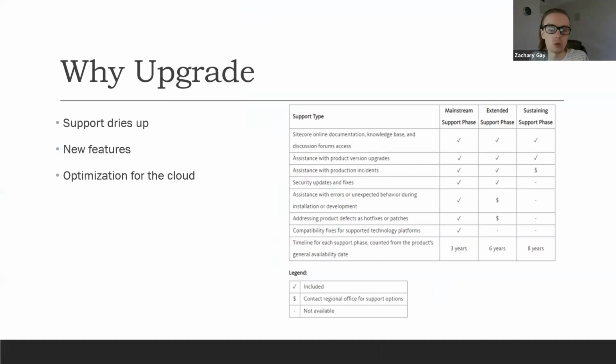An important perk you will want to keep alive is the ability to open support tickets in times of need. So as you can see here in this screenshot, mainstream support lasts for 3 years post-release. The level of support decreases as time goes on. So keeping your Sitecore site up to date with the latest version of Sitecore makes it possible for Sitecore to fully support you to the best of their ability.